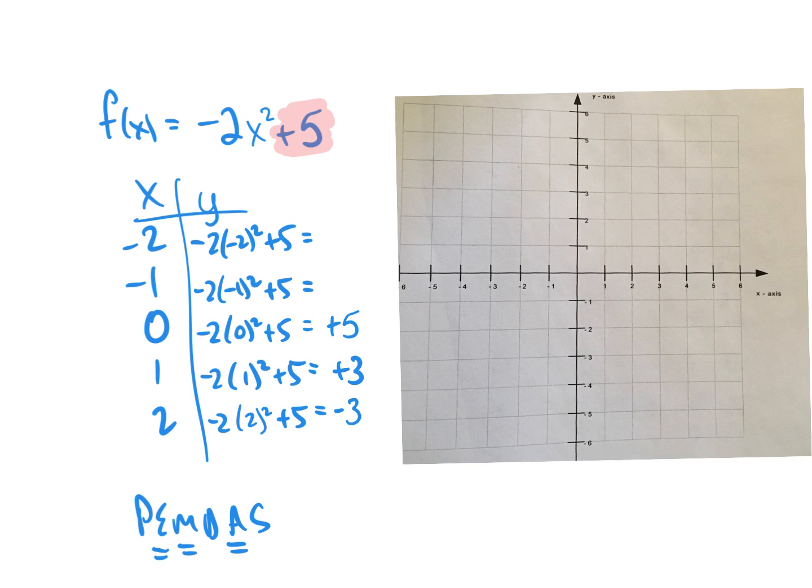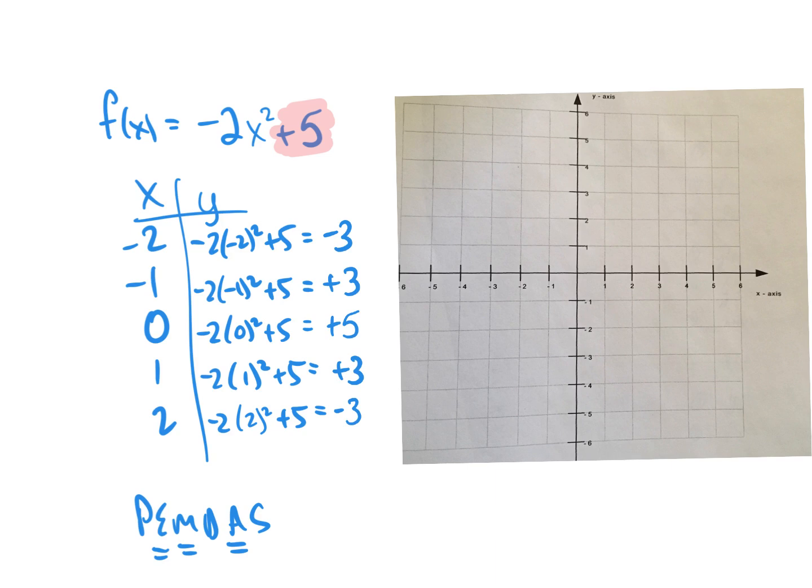For the next one, negative 1 times negative 1 is positive 1, negative 2 times positive 1 is negative 2, and negative 2 plus 5 is 3. And finally, the one at the very top, negative 2 squared means negative 2 times negative 2, so positive 4. Negative 2 times 4 is negative 8, and negative 8 plus 5 is negative 3.